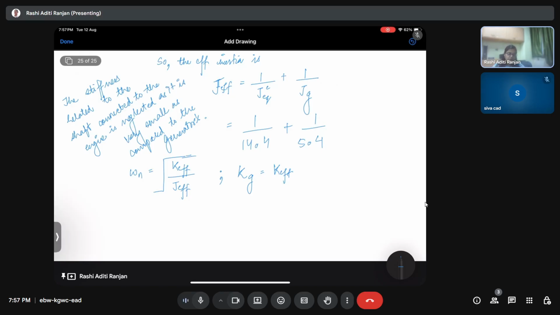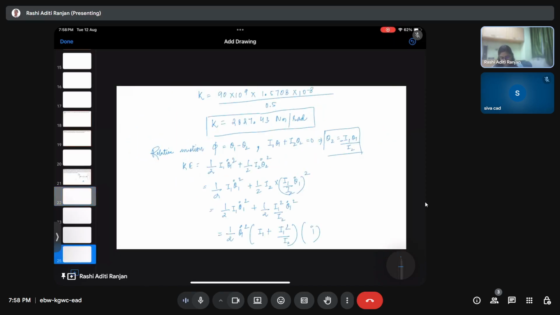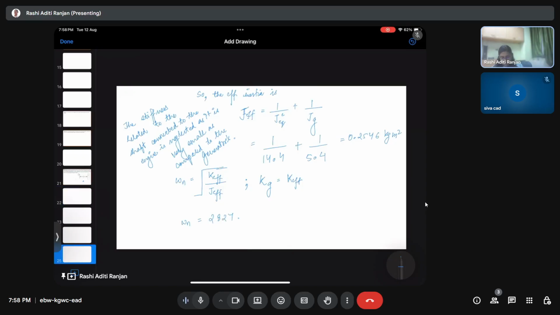Now if we evaluate the value of natural frequency, firstly evaluating this, it will get us a value of 0.2546 kg meter square, and for omega n we have K effective, which was 2827.43 Newton meter, divided by 0.2546 kg meter square, under root.